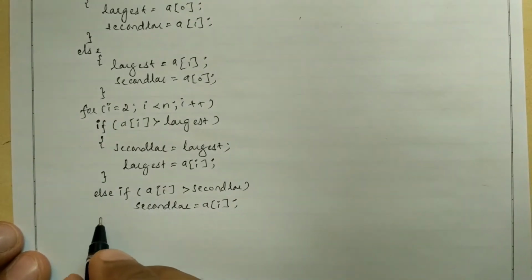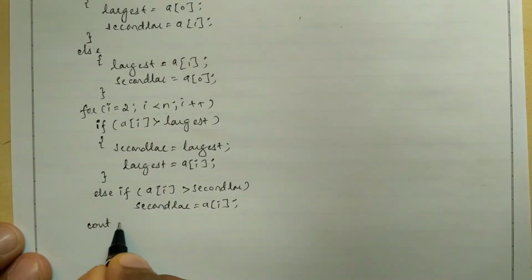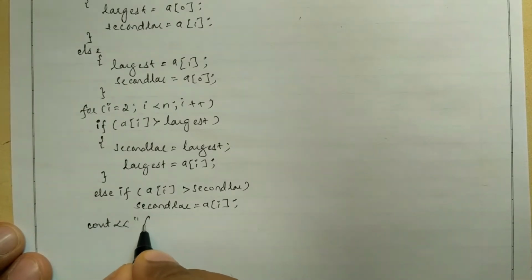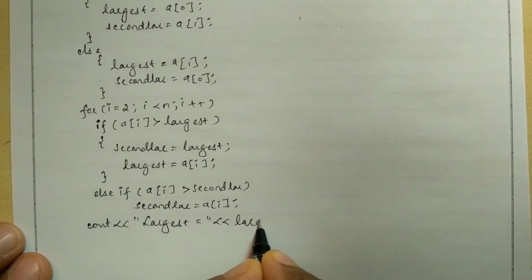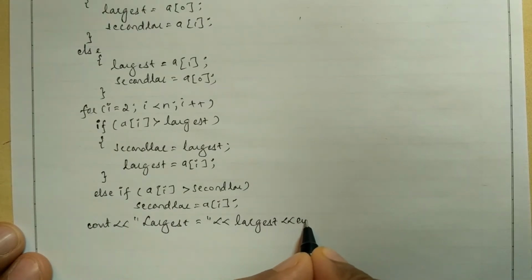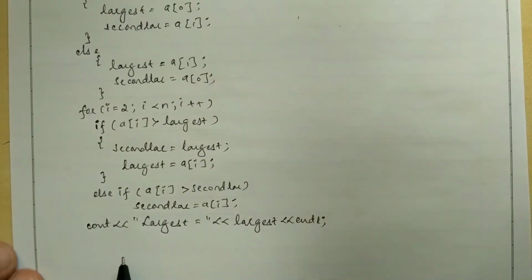Now we are going to print out the largest and the second largest using cout statement. Here in double quotation marks I'm going to write largest is equal to, end the double quotation mark, and stream insertion operator, I'm going to take the variable called largest, and then stream insertion operator, I'm going to print endl. Now I'm going to use the cout statement to print second largest.